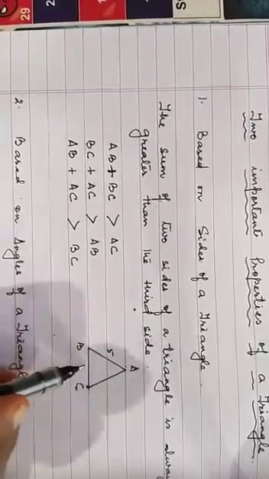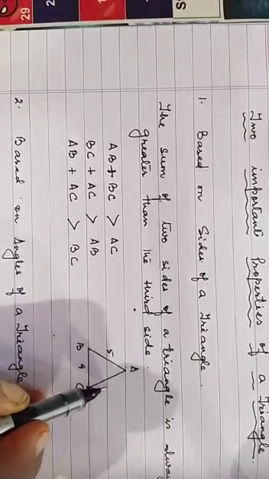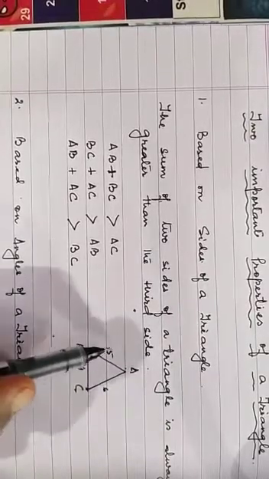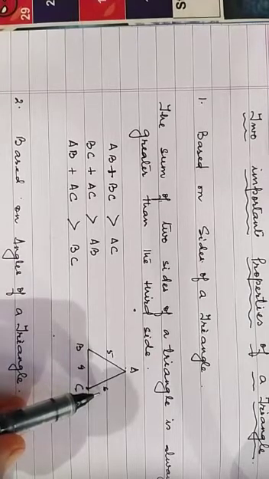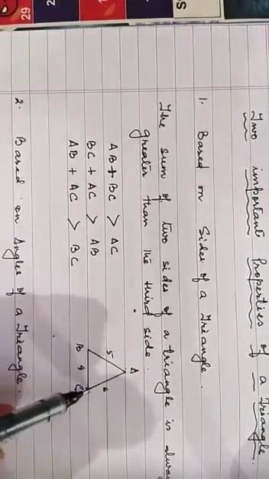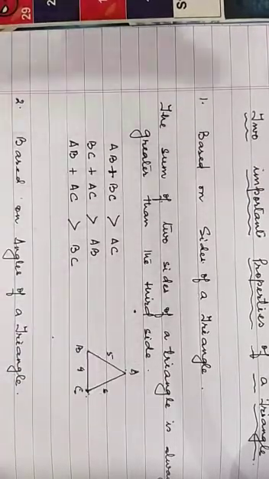if this is 5 plus 4 and this is 6, so 5 plus 4 is 9 is always greater than 6. Okay, then BC plus AC will be greater than AB and AB plus AC will be greater than BC. That means you total up any two sides of the triangle, then it should be greater than the third side.